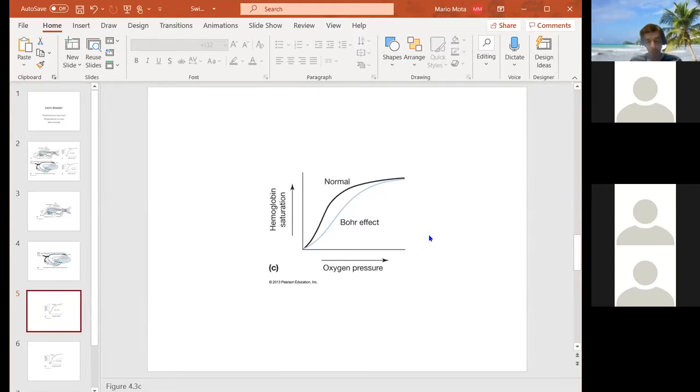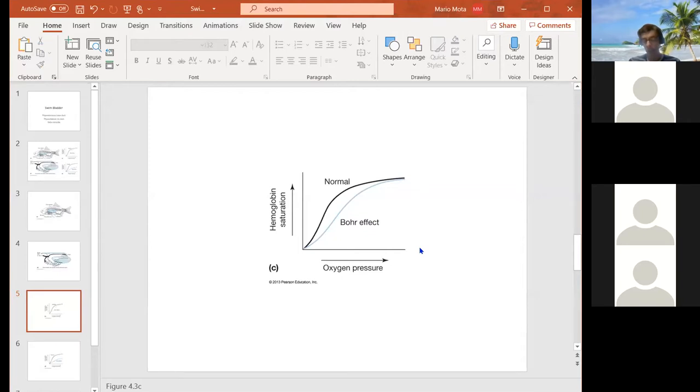Okay, so imagine you have a graph like this, where oxygen pressure increases as you go to the right on the x axis, and on the y axis you have the amount of hemoglobin that's saturated. Imagine the oxygen is carried in the red blood cells.